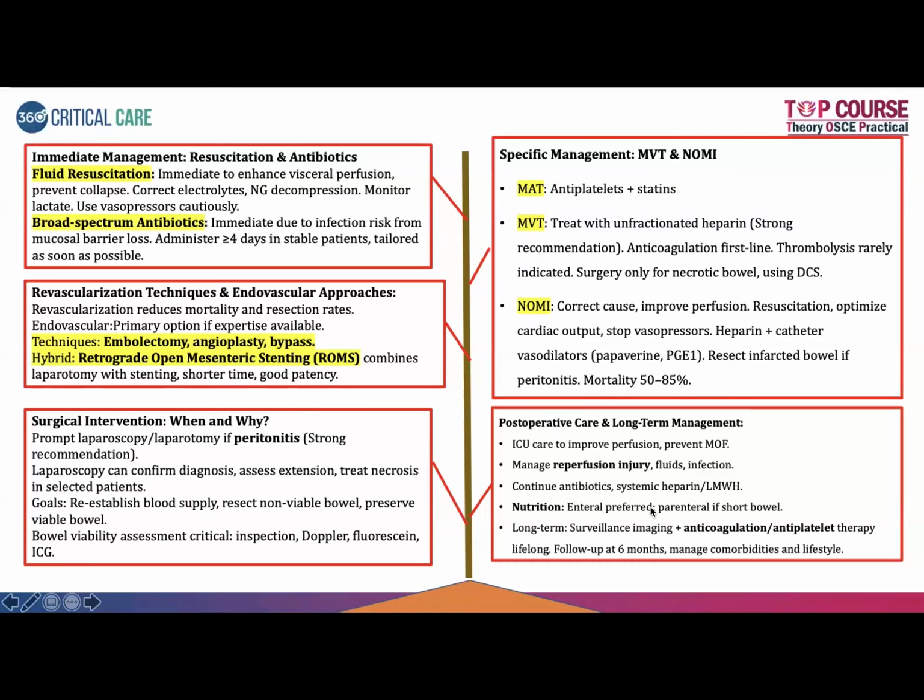If nutrition is compromised for a considerable period, consider parenteral nutrition, antibiotics, anticoagulants, and the patient might also have a reperfusion injury. Long-term, consider anticoagulation and antiplatelet therapy. So this is about acute mesenteric ischemia.